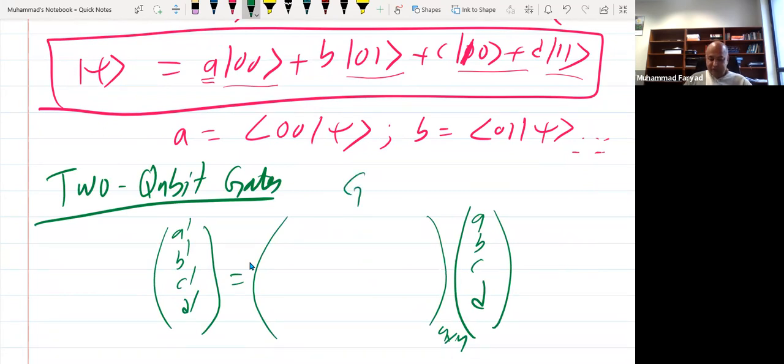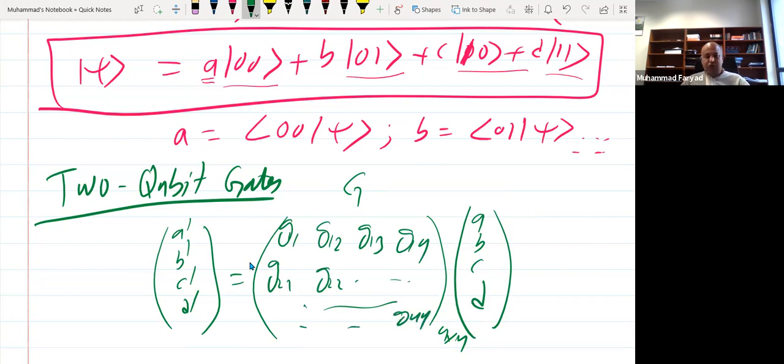Let's say this is some gate G, it has G11, G12, G13, G14, G21, and so on, up to G44. So our general 2-qubit gate is given by this 4x4 matrix.